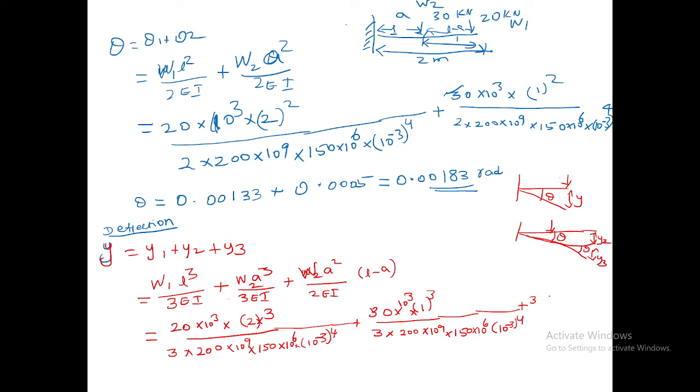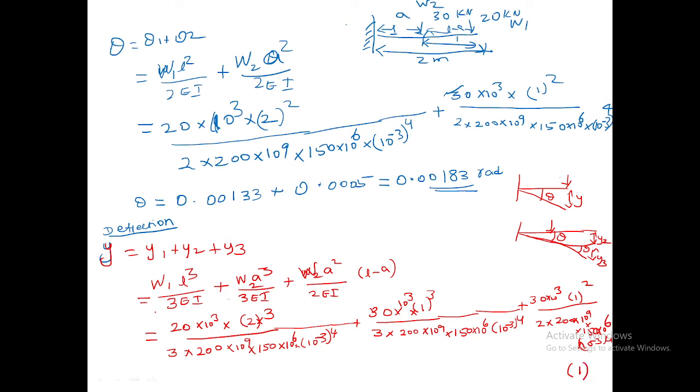Next the fourth one: 30 into 10 power 3, A square is 1 square divided by 2 into 200 into 10 power 9, I is 150 into 10 power 6 into 10 power minus 3 power 4, into L minus A. L is 2, A is 1, so 1.